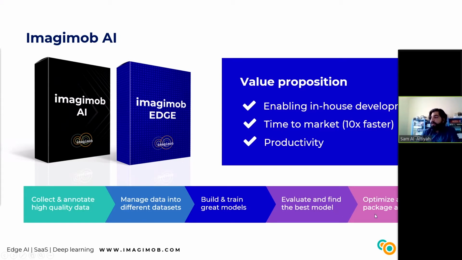You can optimize your built models for edge devices, and the output is simply raw C code that you can deploy on any device that can run that. So it allows engineers to develop models very quickly, and it reduces time to market and increases productivity. You can get prototypes out very fast and then eventually go into products.